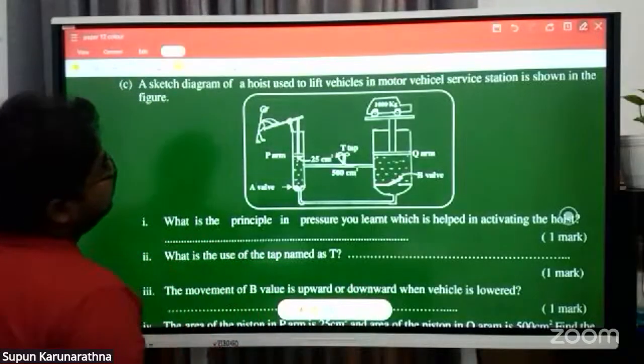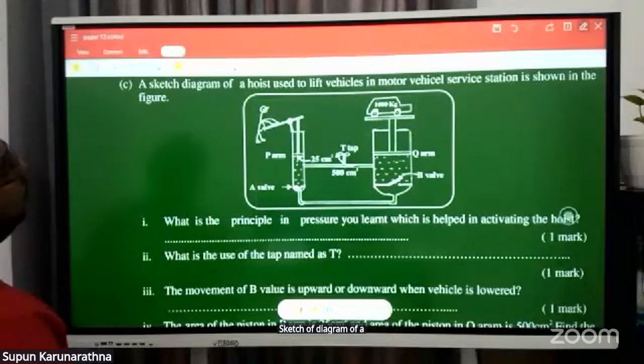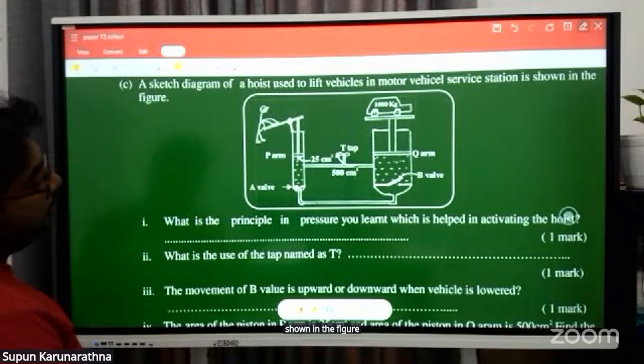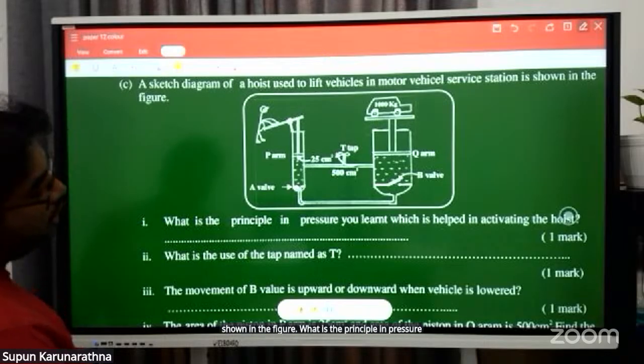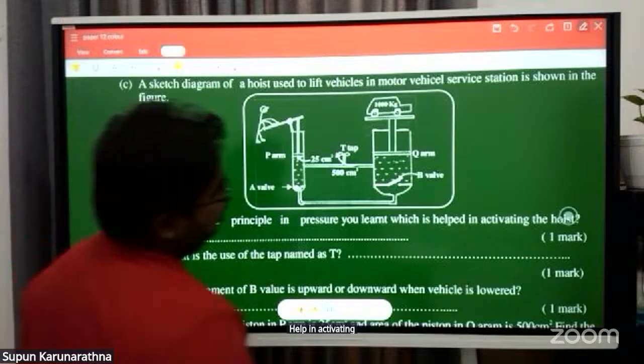Physics part. A sketch of a diagram of a hoist used to lift the vehicle in a vehicle service station is shown in the figure. What is the principle in pressure you learned which helps in activating the hoist?